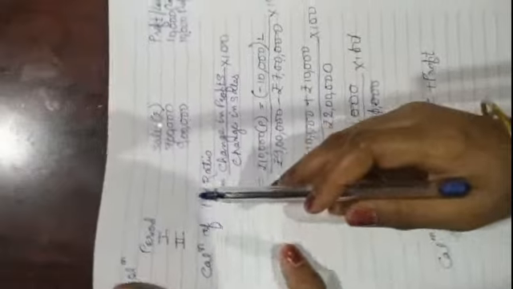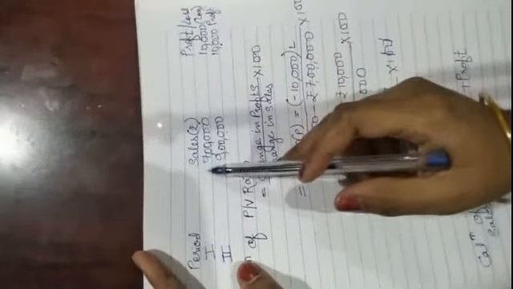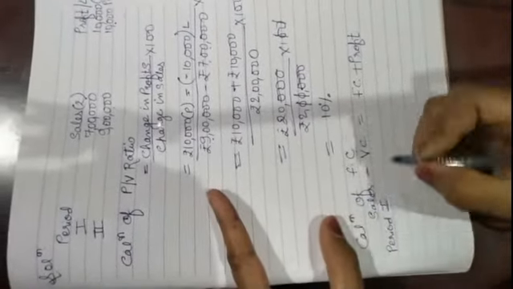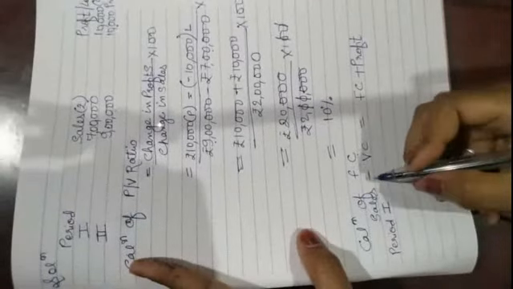So now I'm taking sales and loss of first period. Sales is how much?